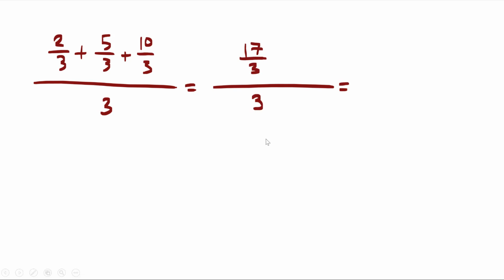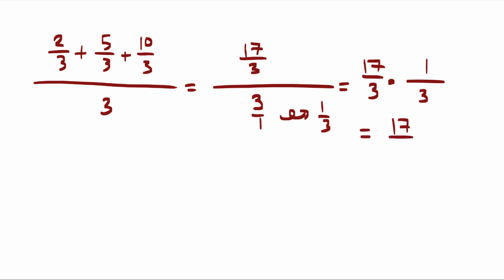Notice what happens here. I would take the 17/3 and multiply by the reciprocal of 3, which is 1/3, and now I have a 9. So the question is: can I do that directly from there to there?